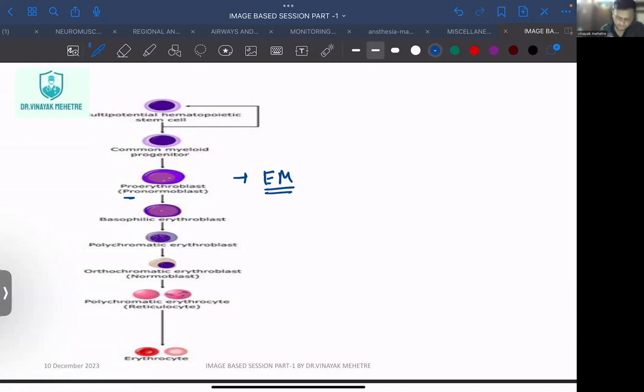Then comes which RBCs will be seen on routine stain. The routine stain that we use, right? What do you think? Answer is simple, if you know.